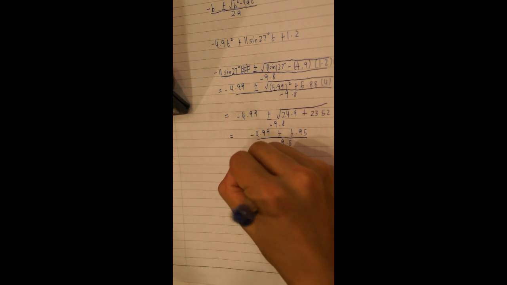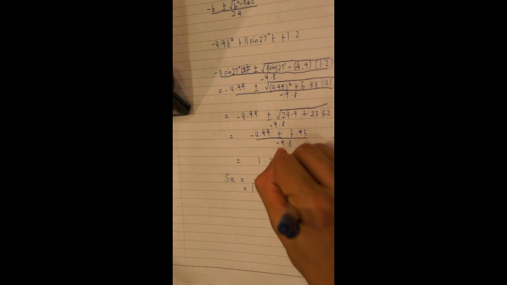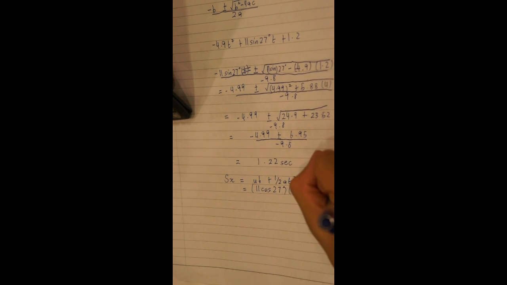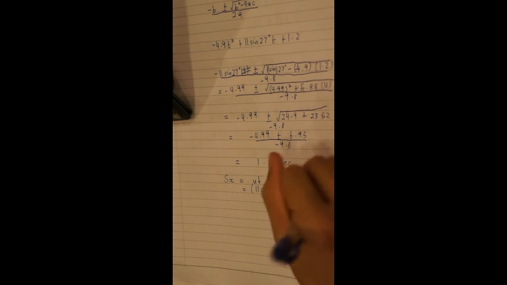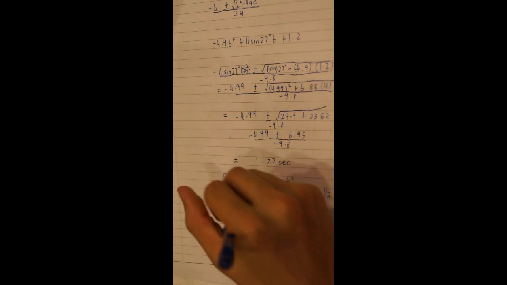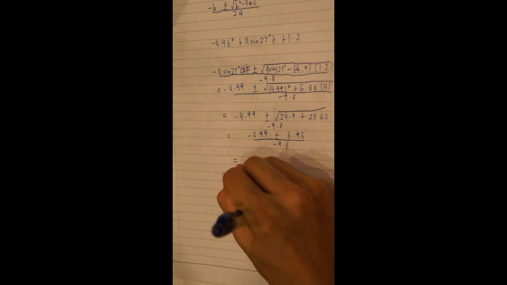So that's 11 cos 27 degrees times the time, which is 1.22, plus half, since acceleration is 0, this will become 0, so it'll just end up as 11 cos 27 times 1.22. So that would equal 11.96 meters.